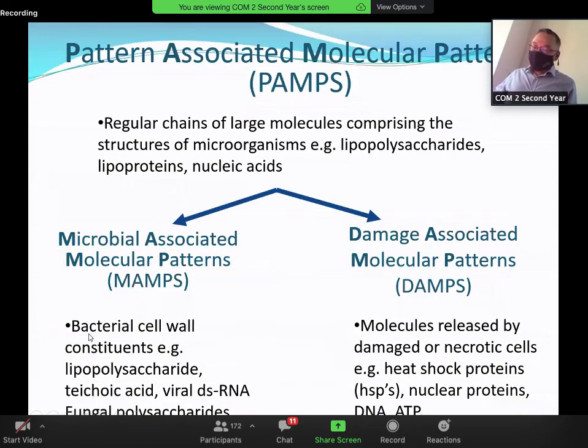And these, because they're lipids and sugars, you can find them on bacterial cell walls, fungal cell walls, but also importantly, nucleic acids, because cells don't use double-stranded RNA. But a virus like COVID-19 goes through a double-stranded RNA intermediate.